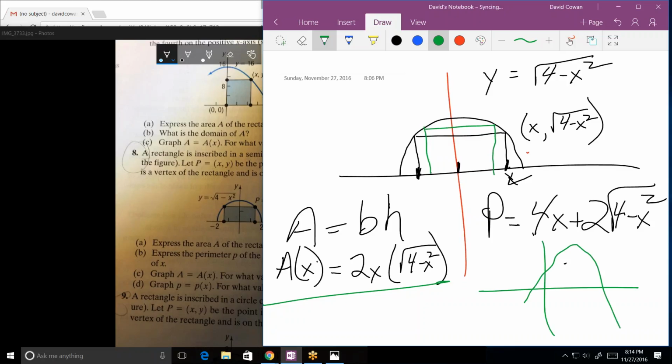If I took just the square root of x squared, it would be x times x, so the result of that is going to be a quadratic, if I was able to actually multiply those two together. But the function should look like a parabola. And this is the point they want, that peak. That's the place where the area is the maximum.